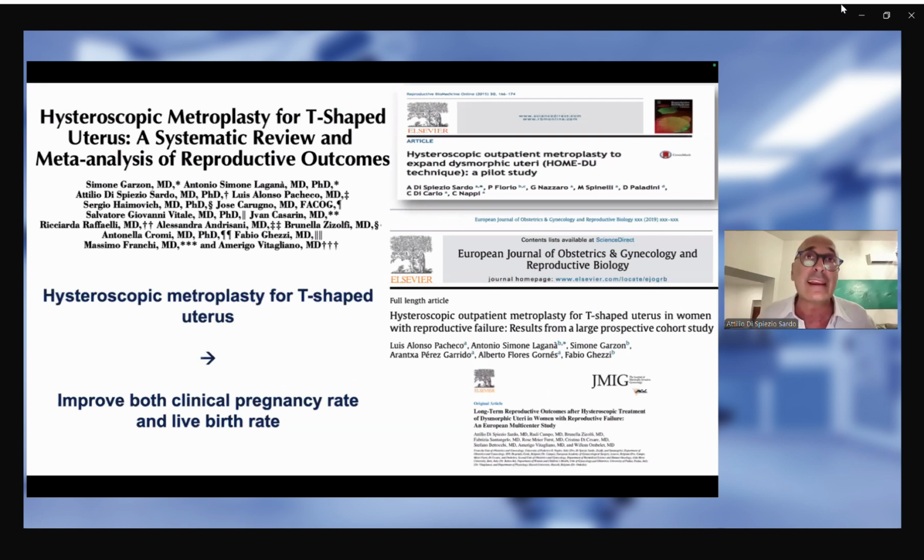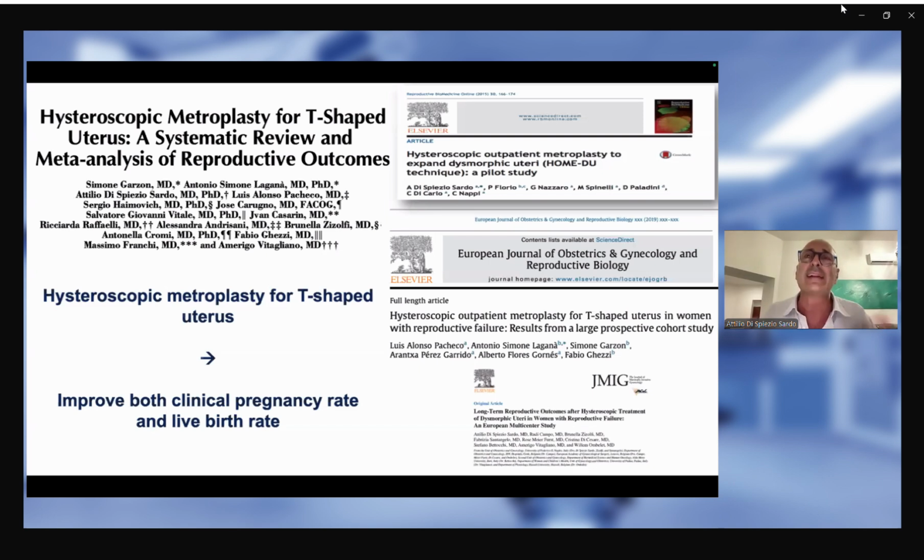But I think that for dysmorphic uterus, we have a strong literature supporting the treatment, even because it's not a risky surgical treatment, we can do it in an outpatient setting with just a mild sedation.